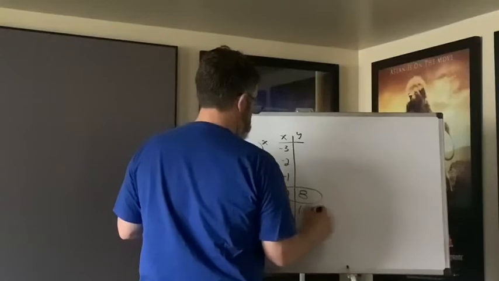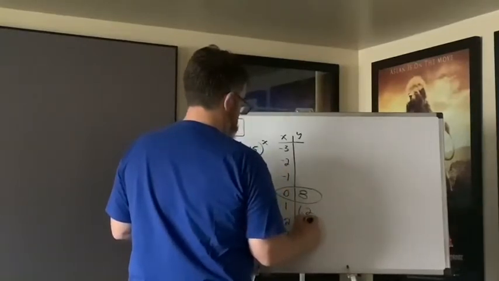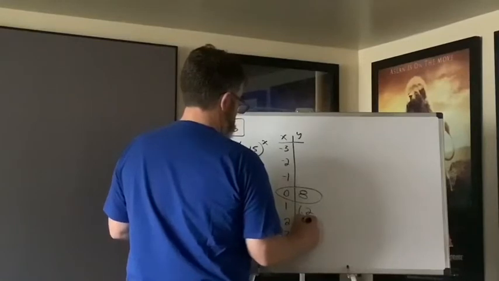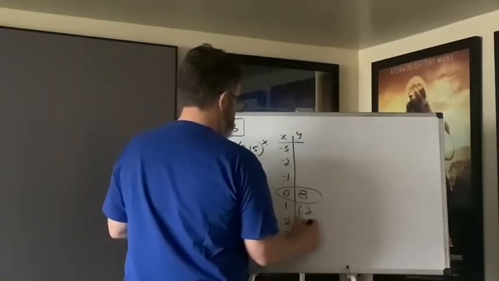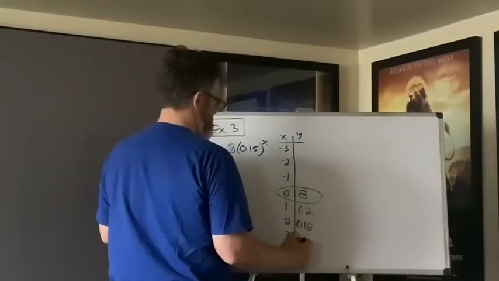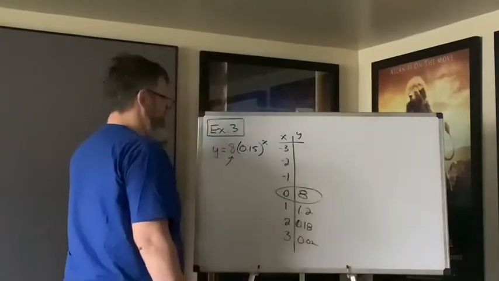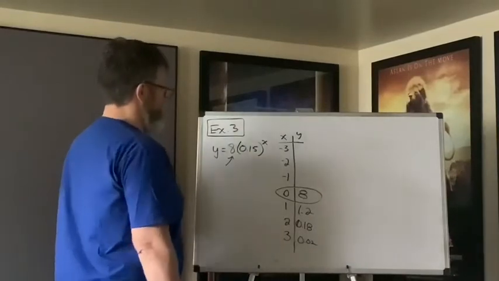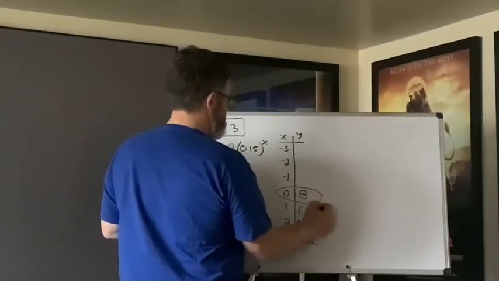Multiply that by 0.15. 0.18. Multiply that by 0.15. 0.027. That works.